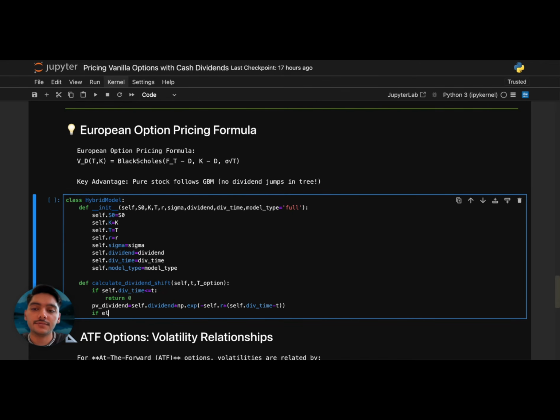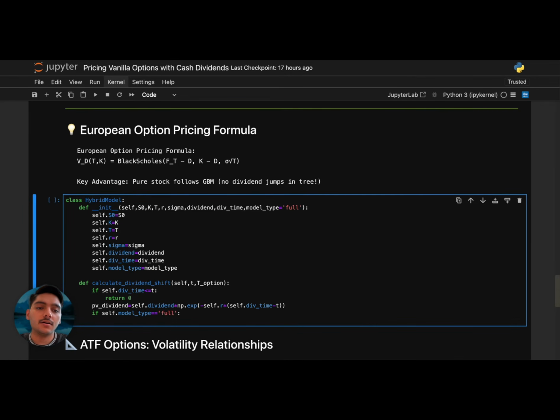And if self.model_type is equal to full, the full hybrid model will return PV_dividend, since the full hybrid always includes the dividend PV.